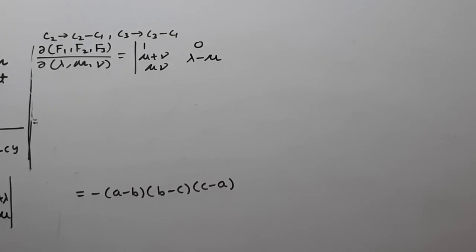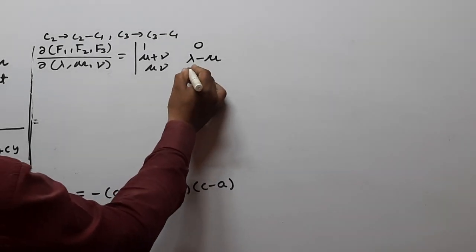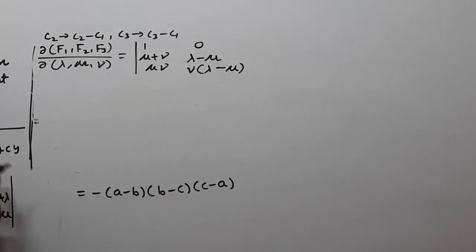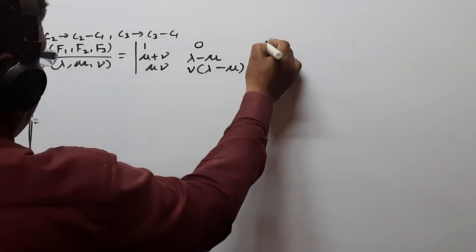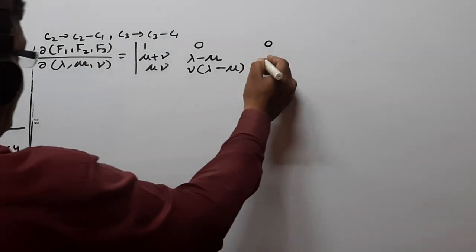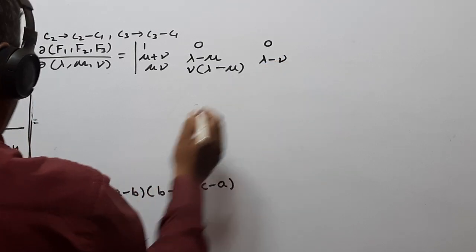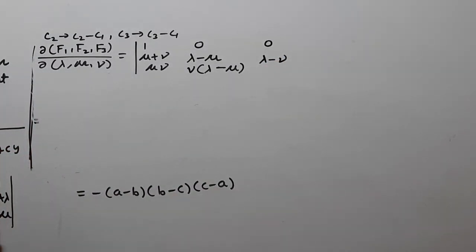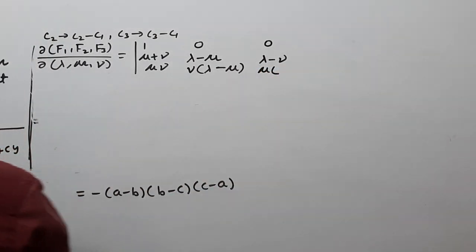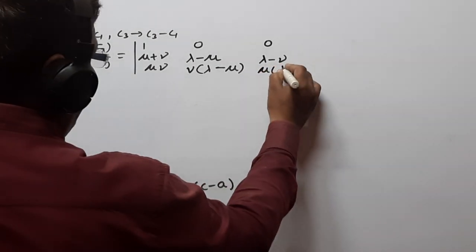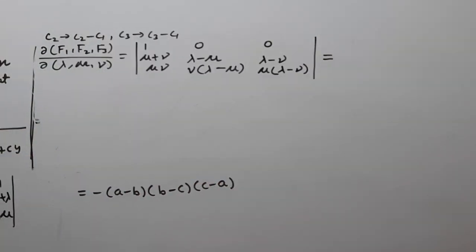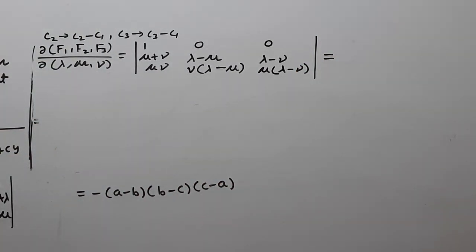Similarly, there will be nu common, lambda minus mu, and when we subtract C3 minus C1 we get 0 here, and mu plus lambda minus mu, so there will be lambda minus mu, and here lambda mu minus mu nu, so mu is common here and we get lambda minus nu. So this is the third order determinant.